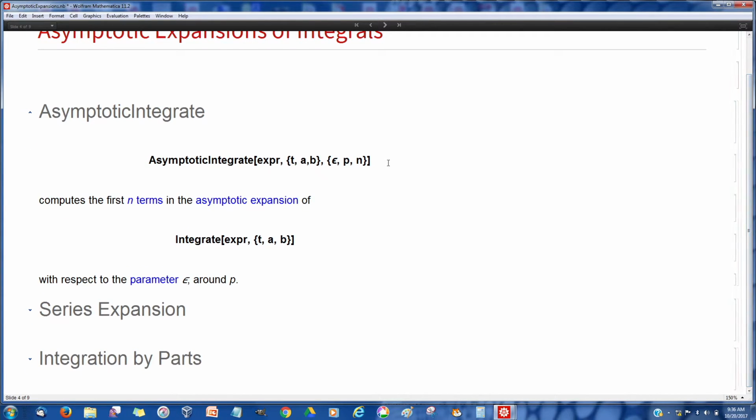You have an expression, you want to integrate over a certain interval, but you also have a certain parameter in the expression or the interval, and you want to do an expansion with respect to that parameter. So that's just an extension of Integrate to handle cases where only a series expansion is possible.